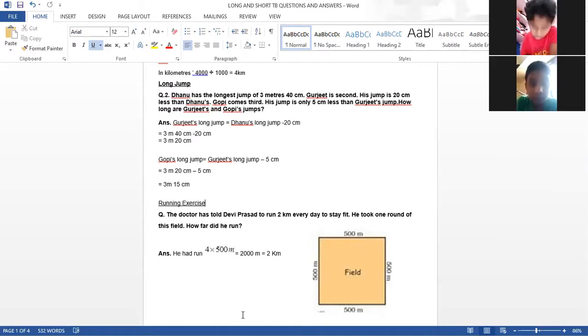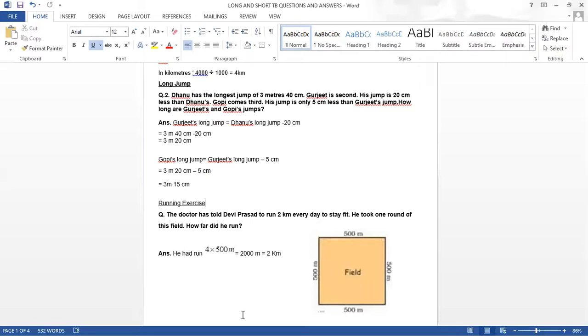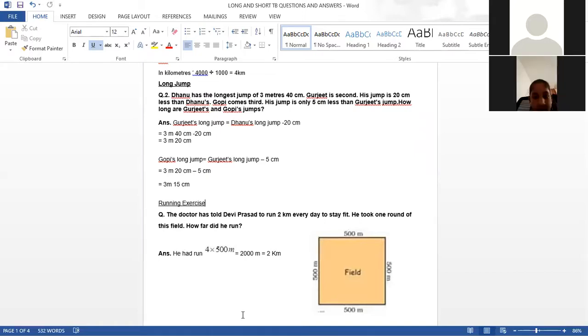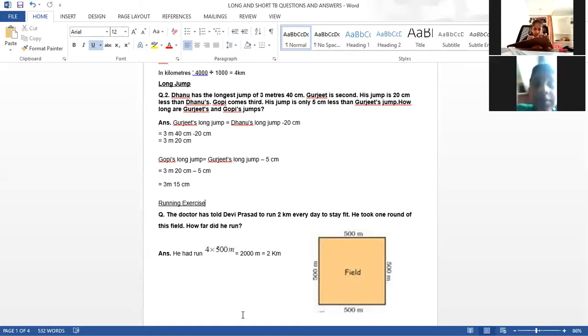This is the ground available near Devi Prasad's home. He covered one round of this field. One round means 500 plus 500 plus 500 plus 500. Four times 500 meters is 2000 meters. 2000 meters means how many kilometers?